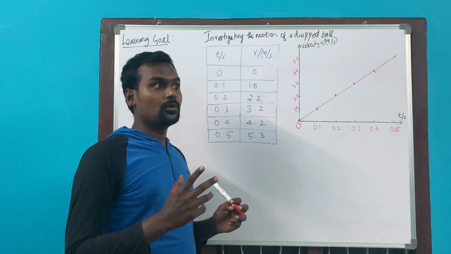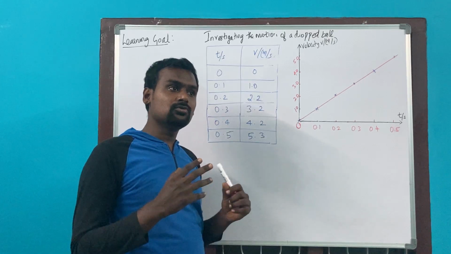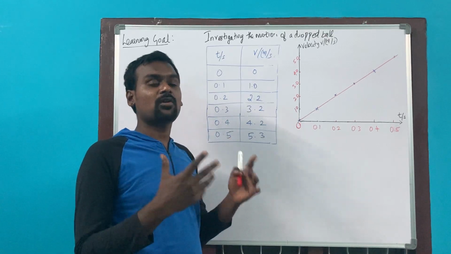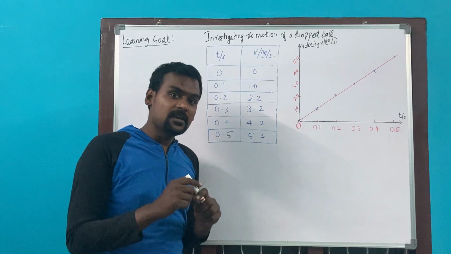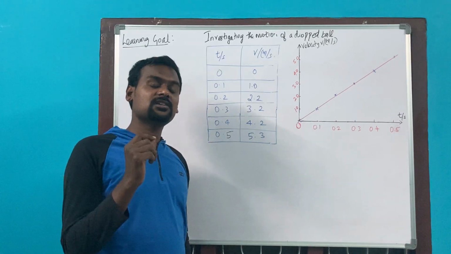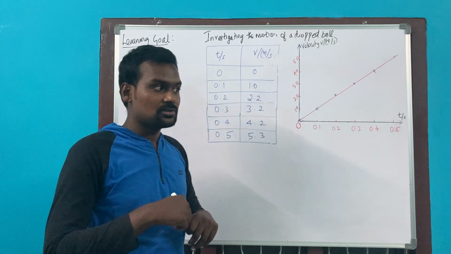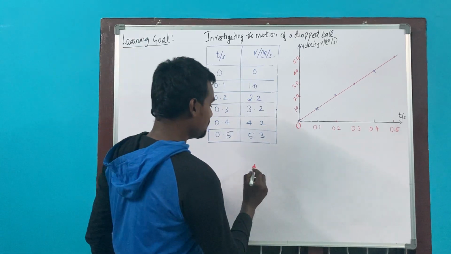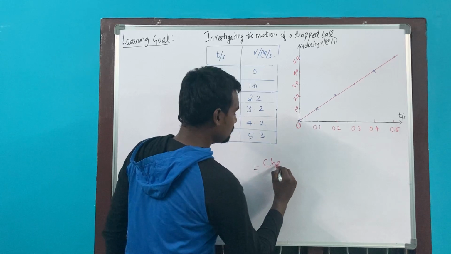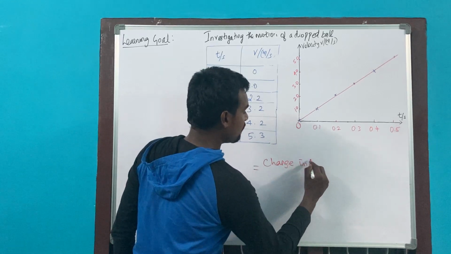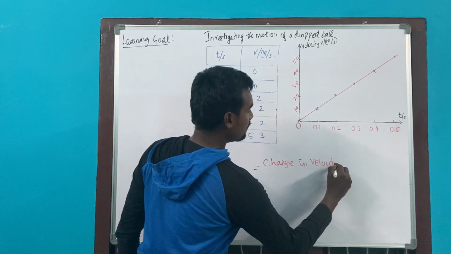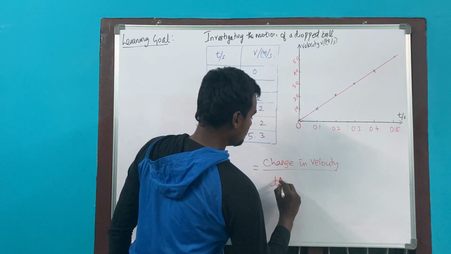Now is there a way to measure this, or rather quantify this? When I say this, I mean, is there a way to quantify how fast the velocity changes? So mathematically, if you think about it, it will be change in velocity divided by time taken.